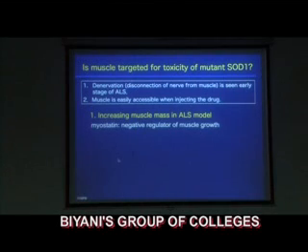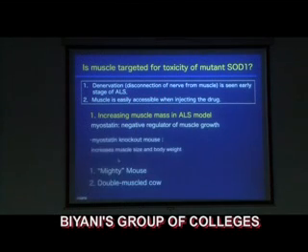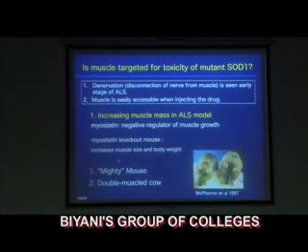Since muscle is a really easy target in terms of accessibility, we tried to use myostatin, which is a negative regulator of muscle growth. It is known that the myostatin knockout mice have increased muscle mass like this.